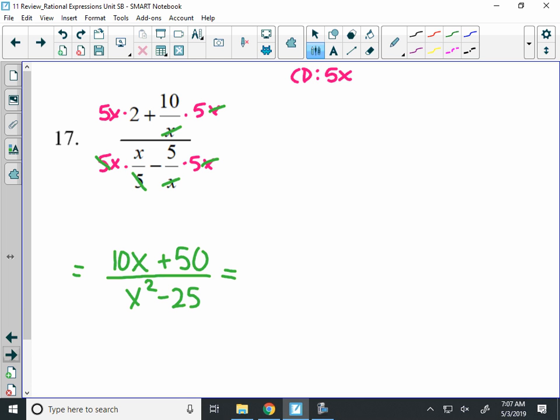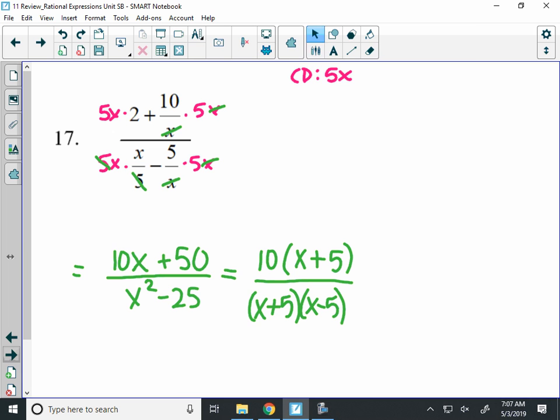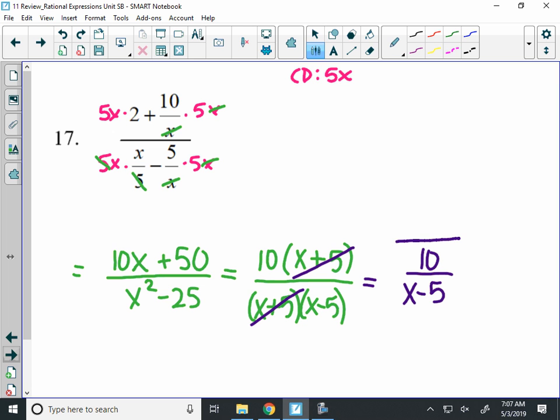I'm going to factor. The numerator has a 10 as a GCF, which can factor out x plus 5. My denominator is difference of squares, x plus 5, x minus 5. Notice the x plus 5 will go away, so all you're left with is 10 over x minus 5. That's your most simplified answer.